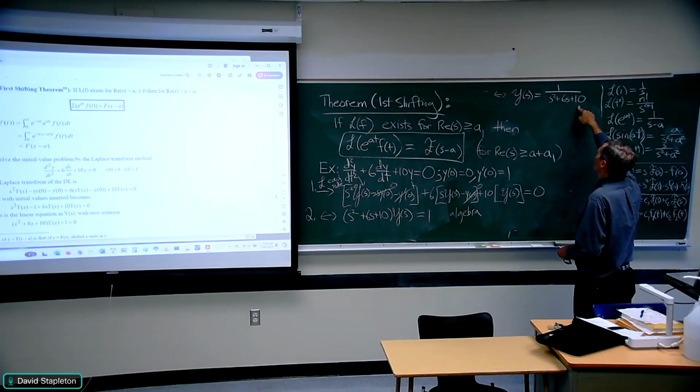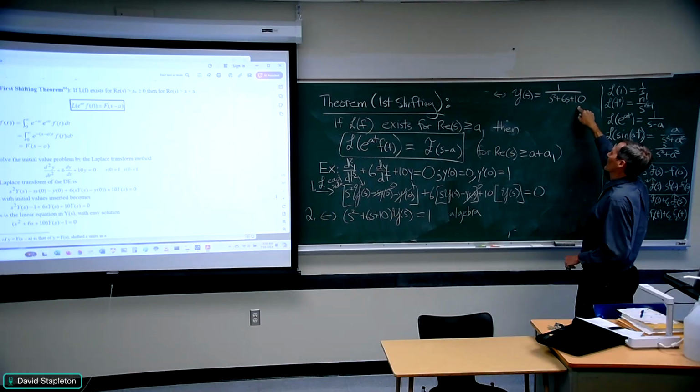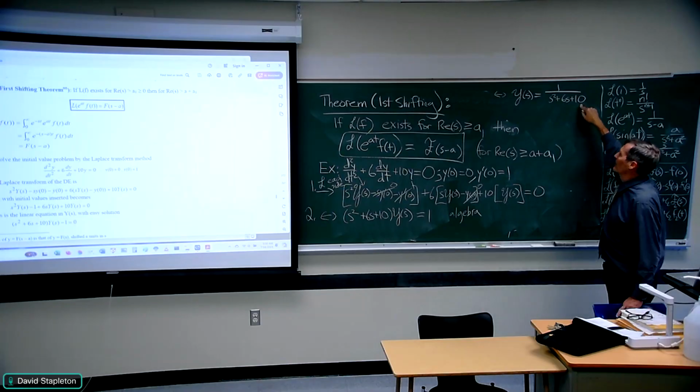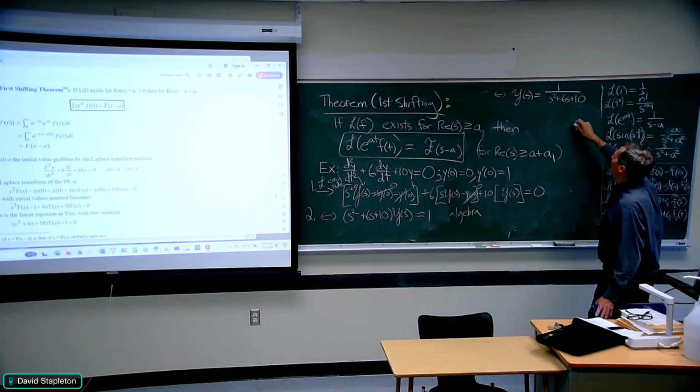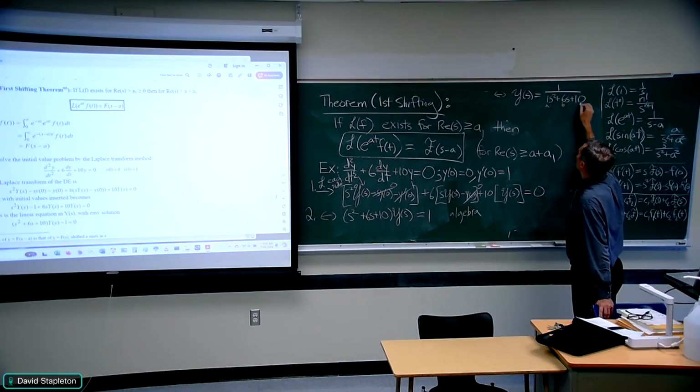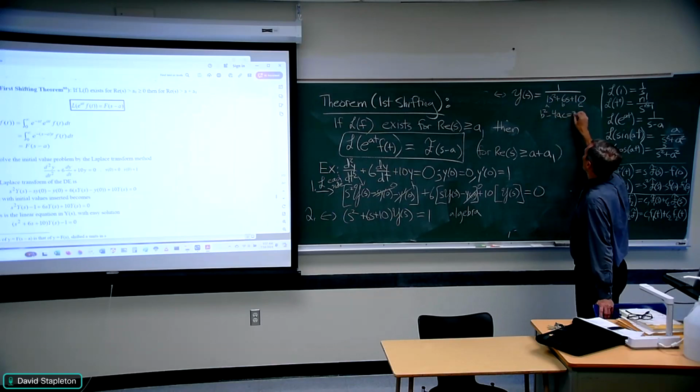How do I take the inverse transform of this one? Oh, partial fractions, right? I could use partial fractions on this. Uh-oh, not so. Why can't I use partial fractions on this? Technically I can, but not within the math we know in this class. It doesn't factor with the real numbers. If you compute, this is as squared plus bs plus c, with a, b, c, and b squared minus 4ac is 36 minus 4 times 1 times 10, which is negative 4.